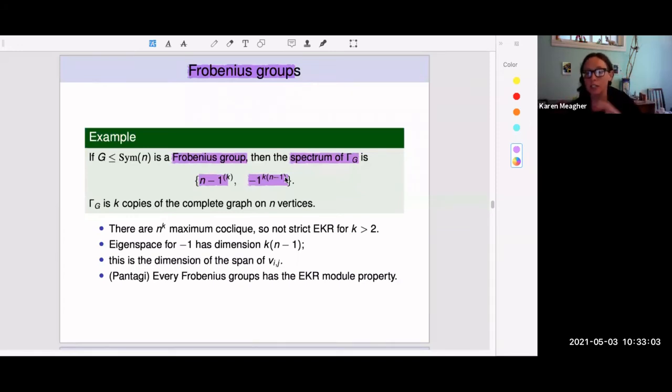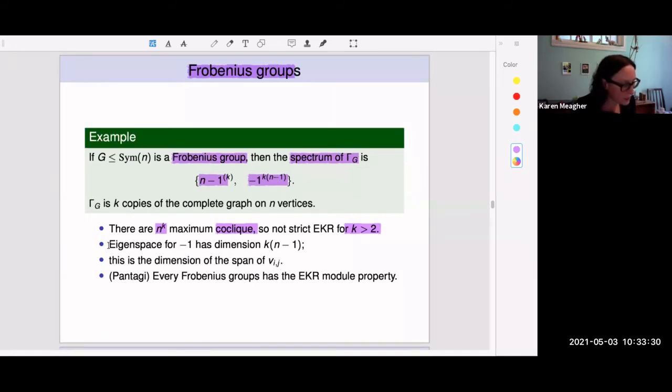I can tell you exactly what all of the co-cliques are. We just take one vertex from each component, and it doesn't matter which vertex we pick. So there are n to the k maximum co-cliques. That's just by counting the number of co-cliques. If my k is bigger than 2, it's not going to have the strict EKR property.